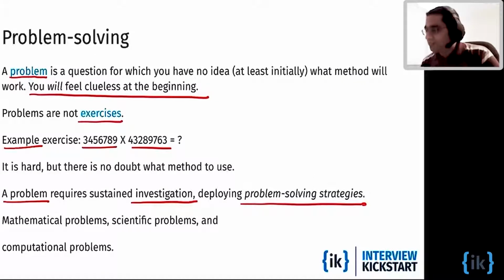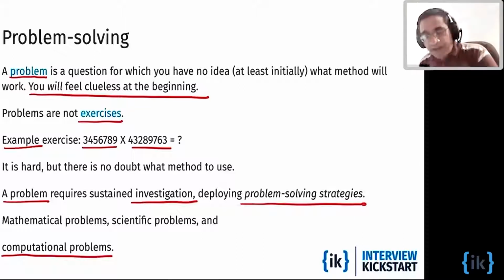These problem solving strategies depend on the domain from which the problem comes. So, math problems have their own strategies, scientific problems have their own strategies. In computer science, the problems we see have their own strategies. And the problem solving strategies in computer science are basically the algorithm design strategies, right?